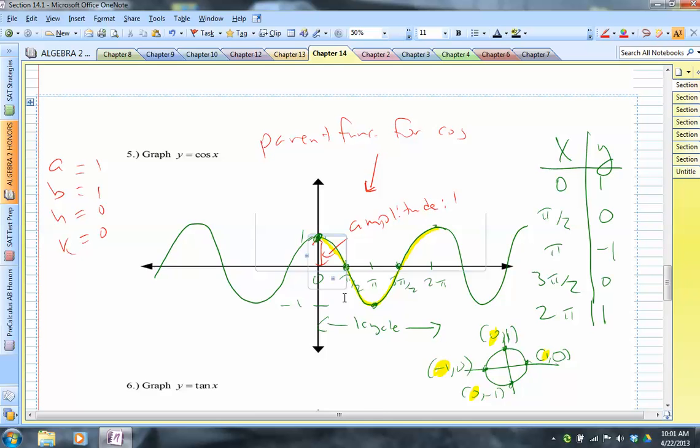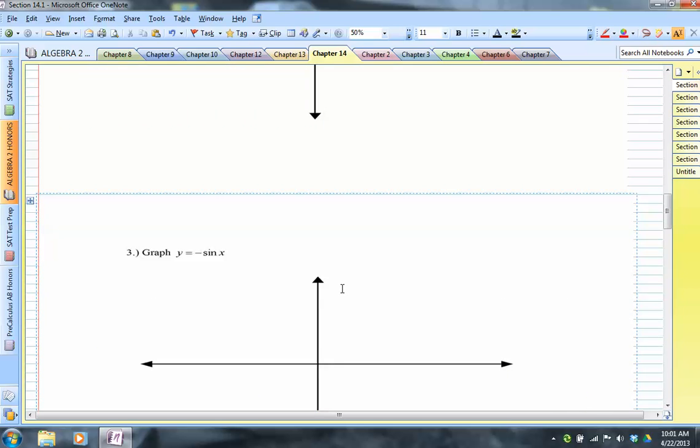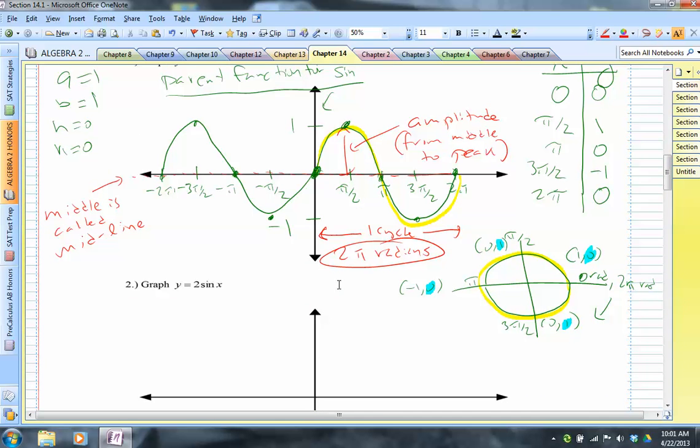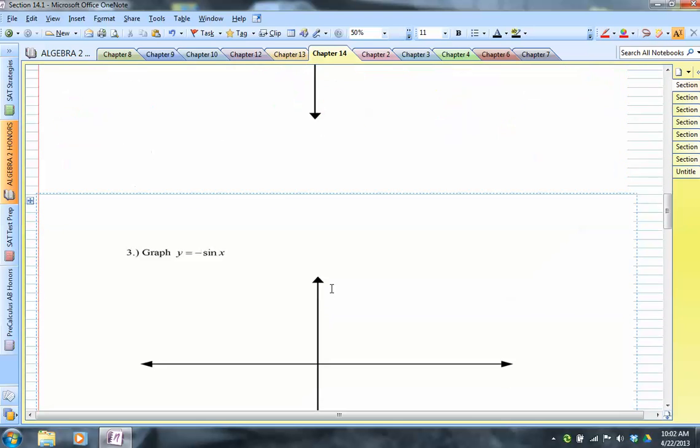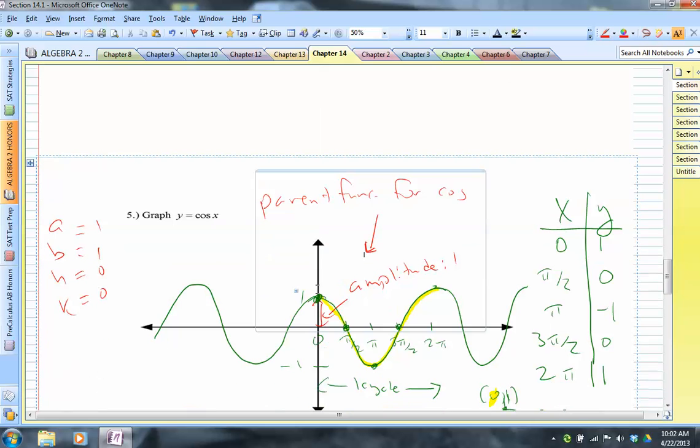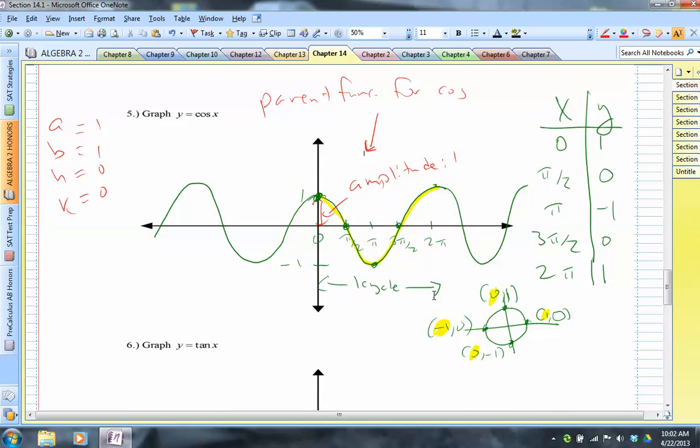Another thing you should notice between cosine and sine is that the sine starts at 0, 0 and goes up, then down, then back up again. The cosine will start at 0, 1, goes down, then back up. And if you think about the unit circle, the x-coordinate is cosine because it decreases as you're going counterclockwise.